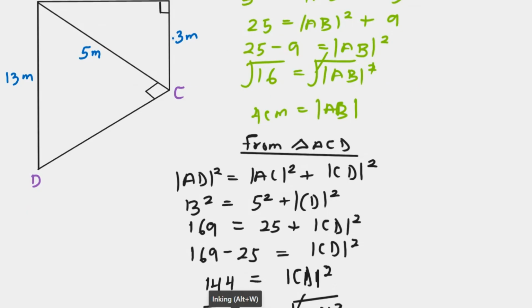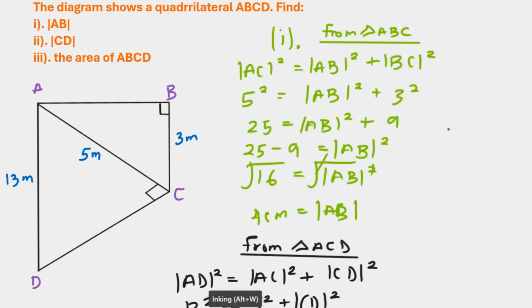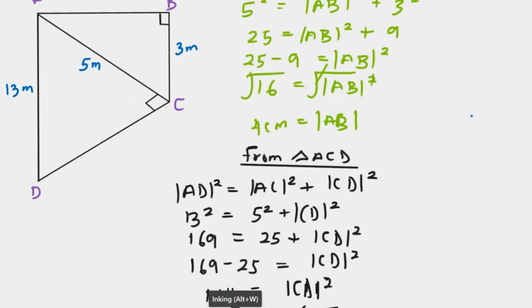So we find the area of triangle ABC and that of triangle ACD, and then we just add them together to find our area of ABCD. Or we can use a different approach. This is a trapezium, so we can use the formula for finding the area of a trapezium and we can get the same answer. But I want to use the triangle approach. So I'm going to find the area of triangle ABC. So let me work that one here.